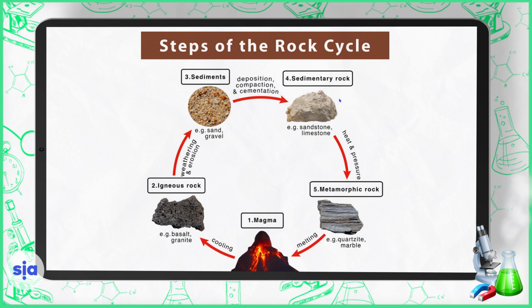When these sedimentary rocks become buried under earth layers and exposed to heat and pressure, the heat and pressure will convert them into metamorphic rocks like marble. If these rocks melt again, they will form magma, and so on.